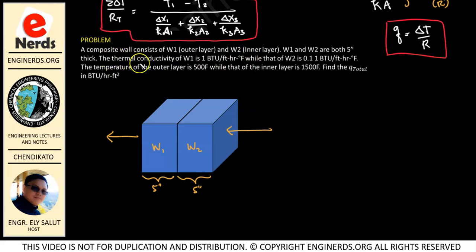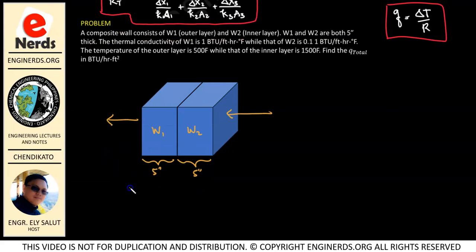Okay, so the thermal conductivity of W1 is given. Our K for W1 is 1 BTU per hour feet degree Fahrenheit. While for W2, we have K2 is 0.1. Okay, sorry, there is a mistake here. This is 0.1, this other number is not supposed to be there, you'll get confused.